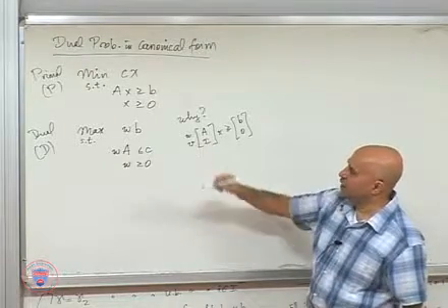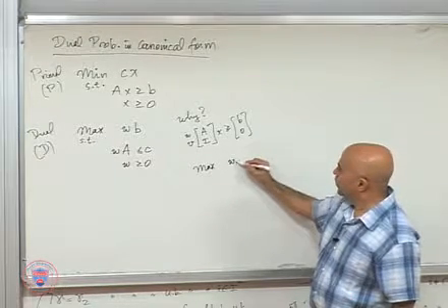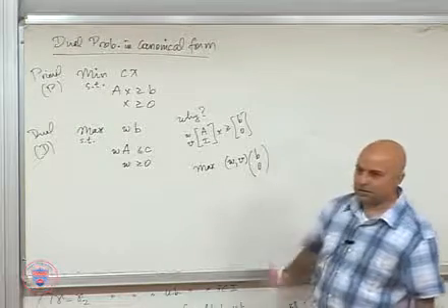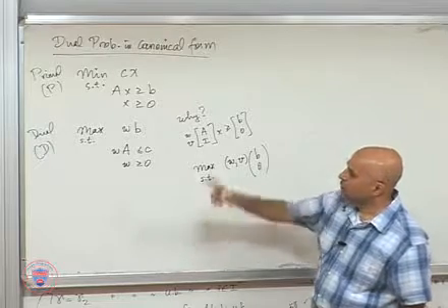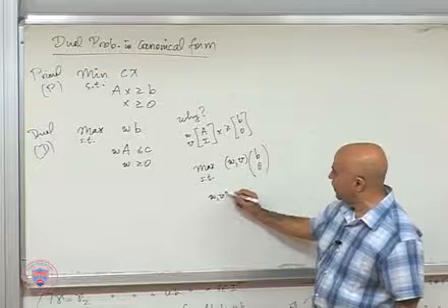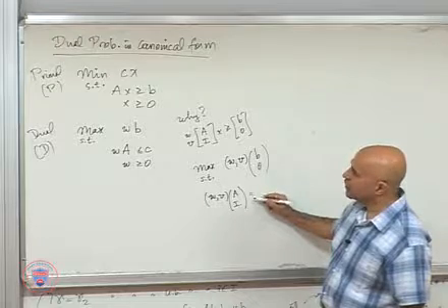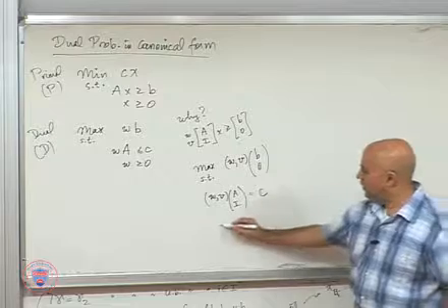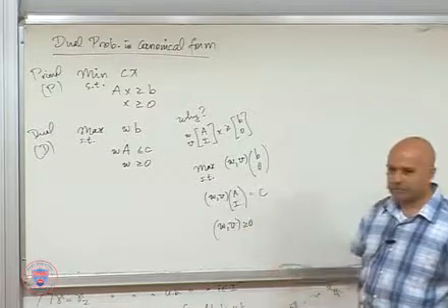If you apply the idea, you have maximization of W and V times this vector, subject to WA equals C. In this case, it will be W and V multiplying A and I equals C, with W and V being non-negative as a vector.